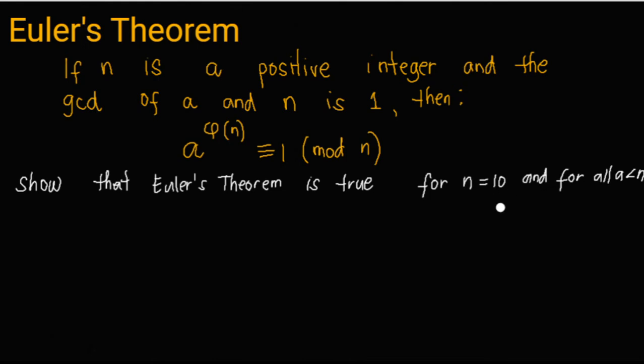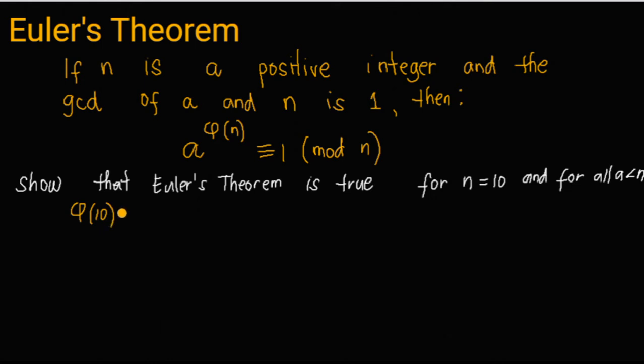Okay, so the first step is we have to find first the phi of 10, or the phi of n. And since n here is 10, so we have phi of 10.